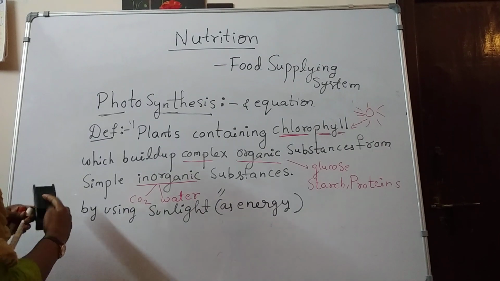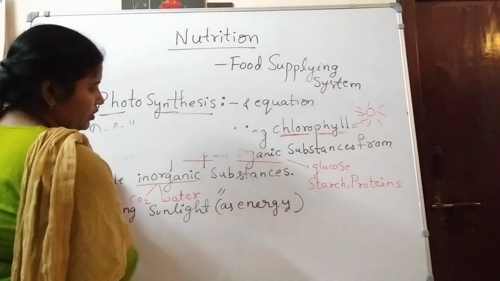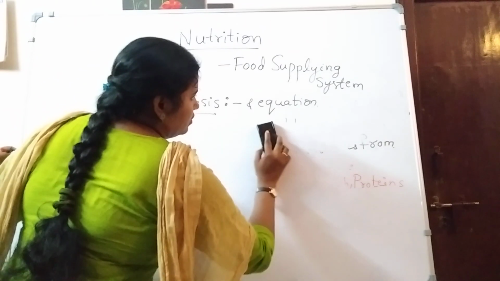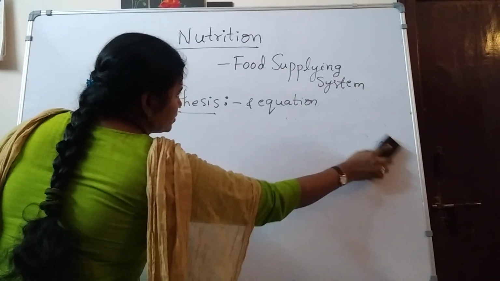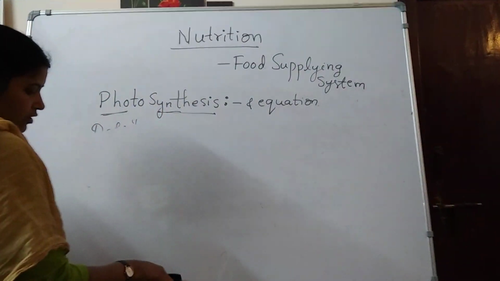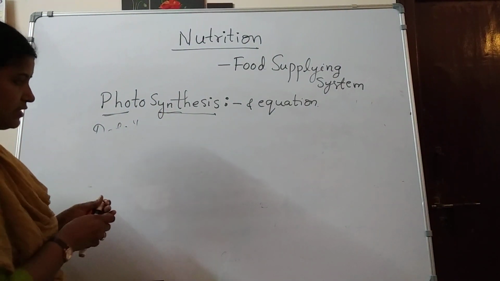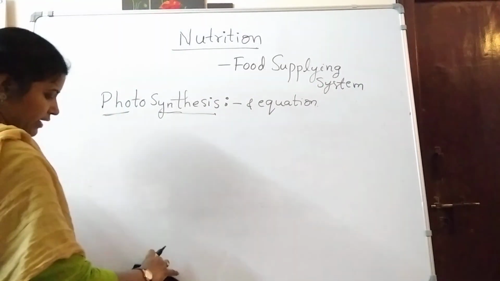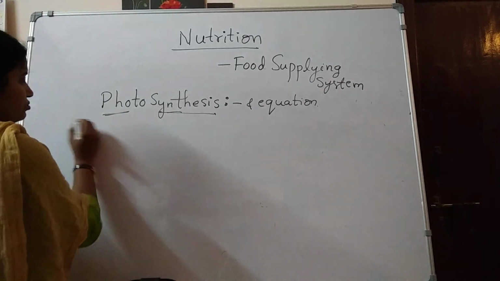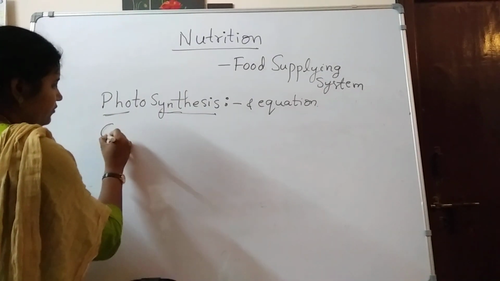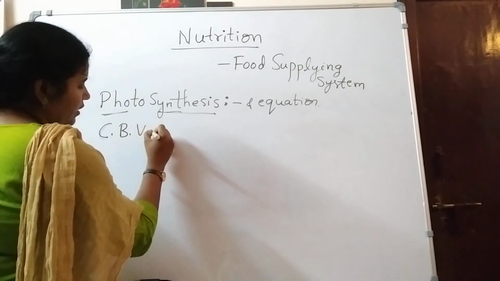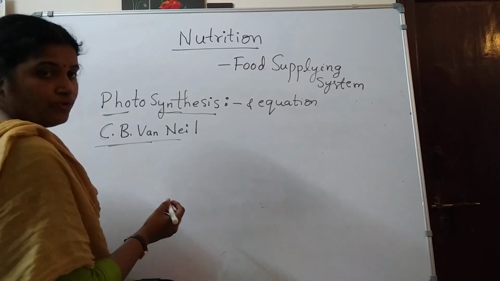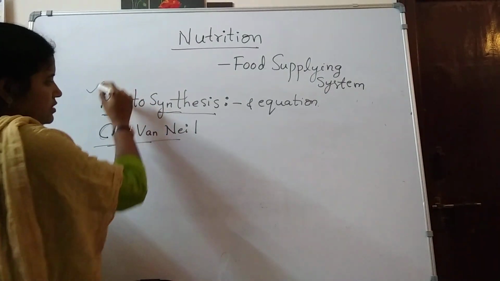So next write the equation for this. What is the equation and who proposed that equation? So the photosynthesis equation was proposed for the first time, after 200 years, by C.B. Van Niel. He is the scientist who first proposed the equation for photosynthesis.